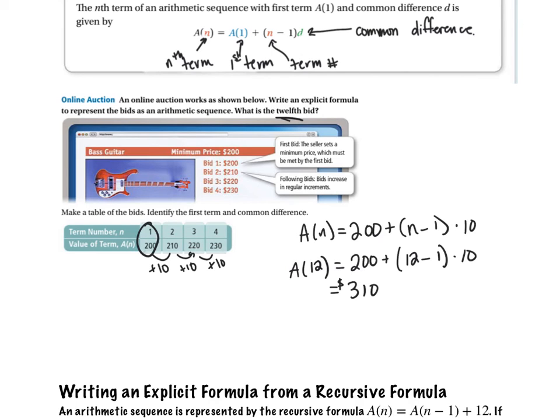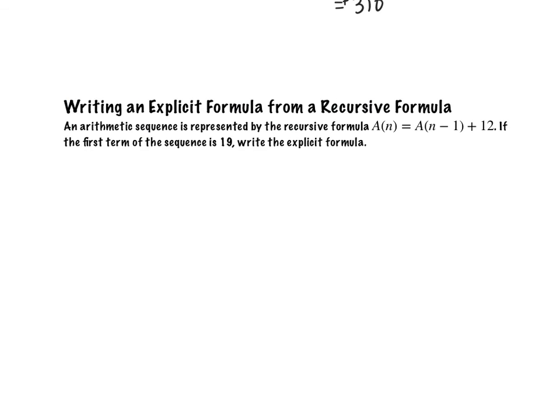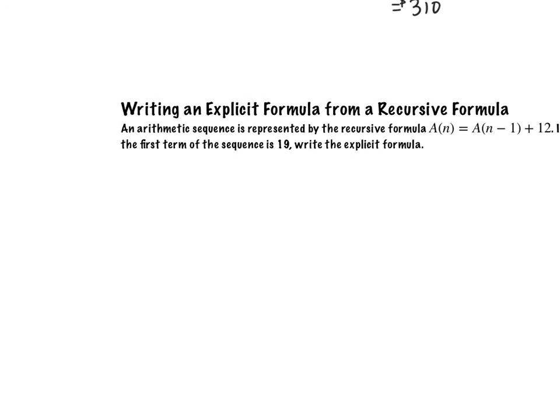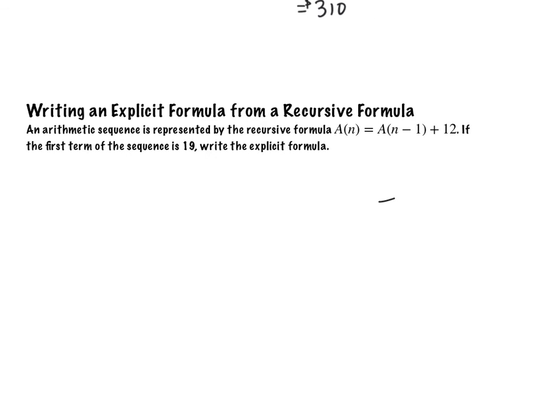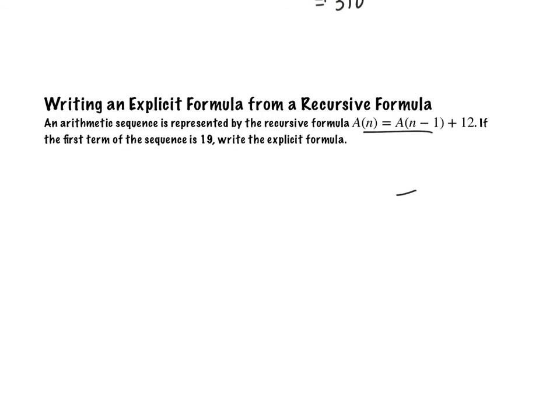All right, so the last thing we'll look at is what if they give you a recursive formula? How could I write the explicit formula? So I have this recursive formula here, and they tell me that the first term of the sequence is 19.